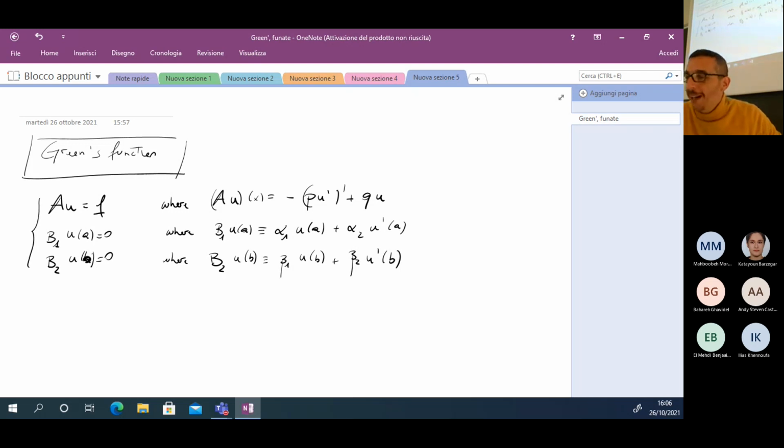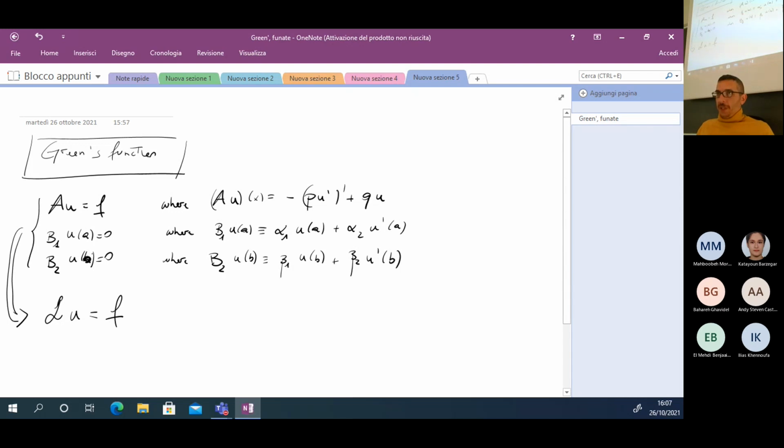You can write this in just one line: an operator L which acts on u equal to F. This is an equation in operator notation that includes, number one, the differential equation itself, the first line Au = f, and then it's supposed to include also the boundary conditions.